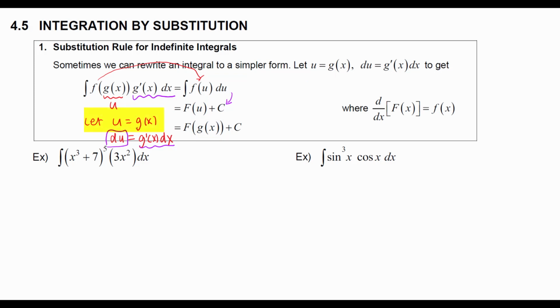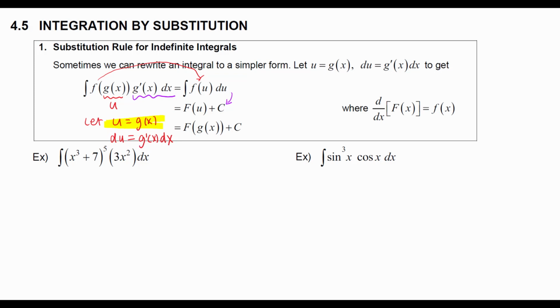Remember, at the beginning, you're the one who created a u and called g of x as u. So at the end of integration, you have to replace back what the u was, and that will be g of x. So you will have F of g of x plus c, and that will be your answer. Once you recognize the pattern, it is not that hard.